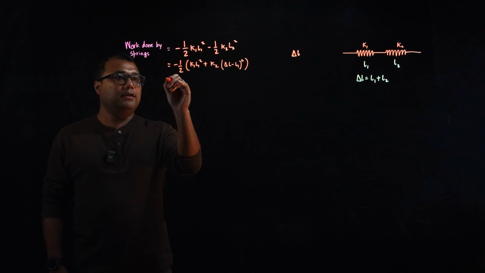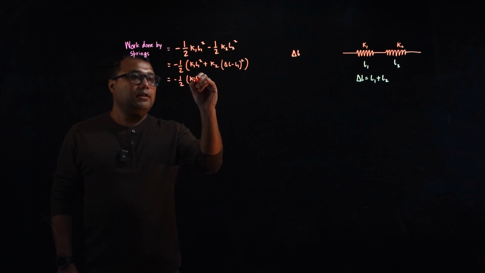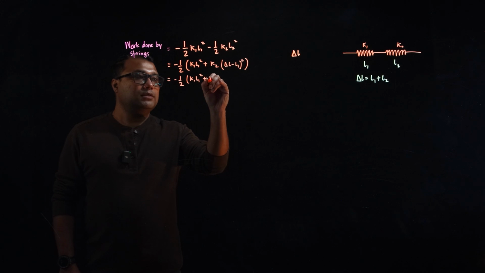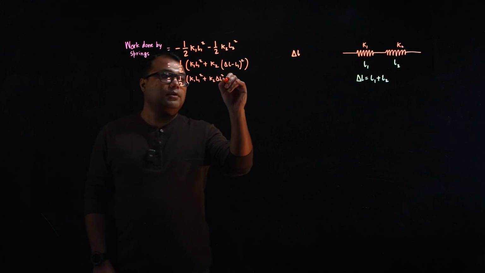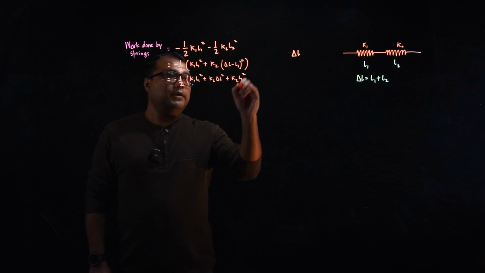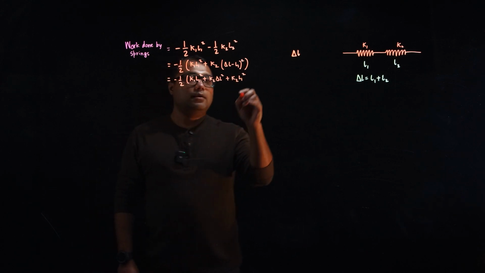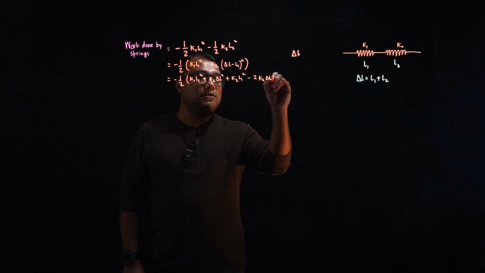Let's just expand that, minus half K1 L1 square plus K2 delta L square plus K2 L1 square minus 2 K2 delta L times L1.